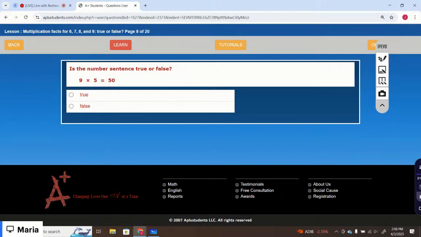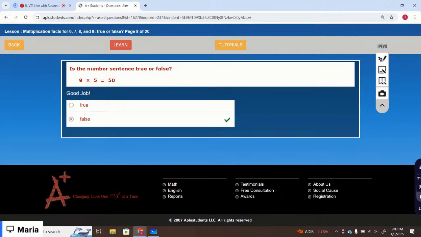Is the number sentence true or false? 9 times 5 equals 50. False it is. 9 times 5 is not 50.